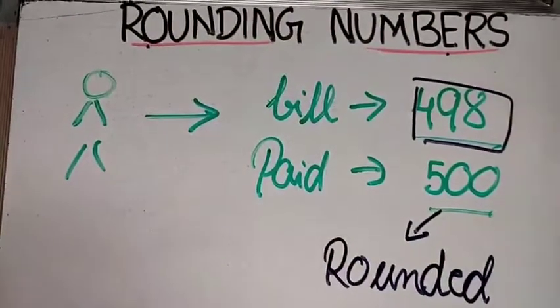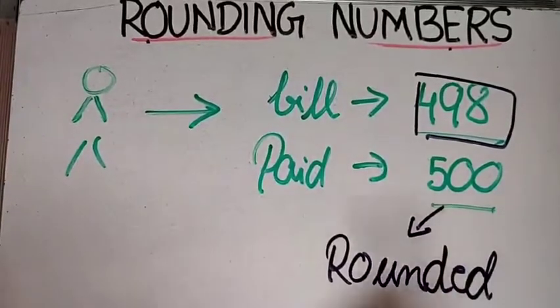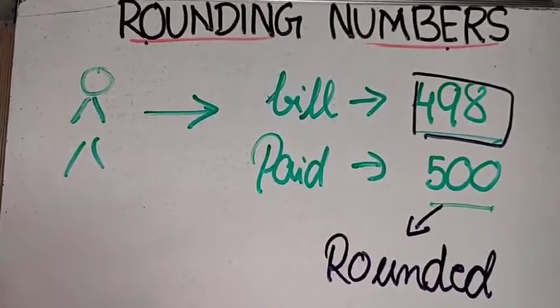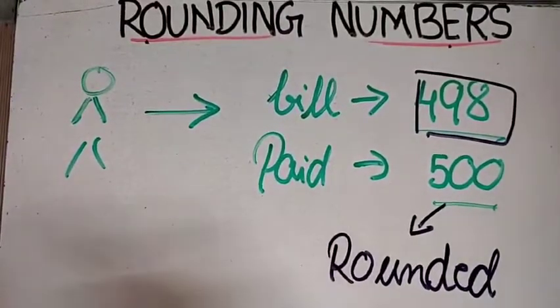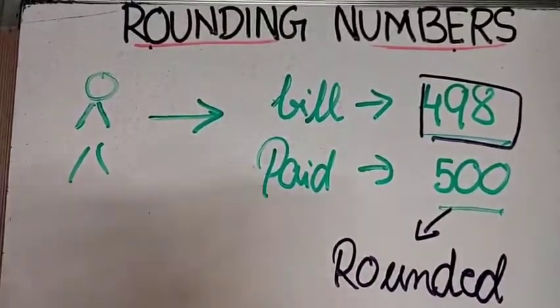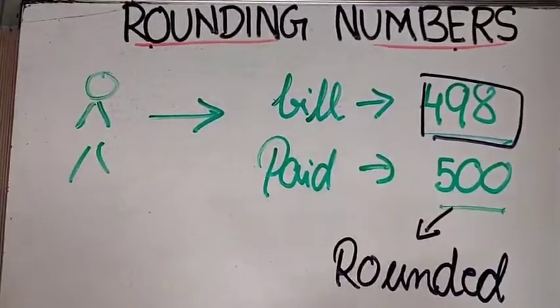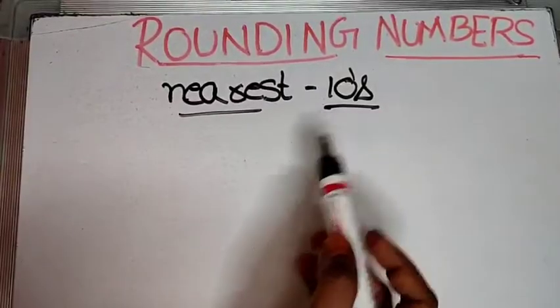Rounding is nothing but the approximate value of a number. Let us see how to find the rounding numbers for nearest tens, hundreds and thousands one by one with various examples. Rounding numbers to nearest tens.